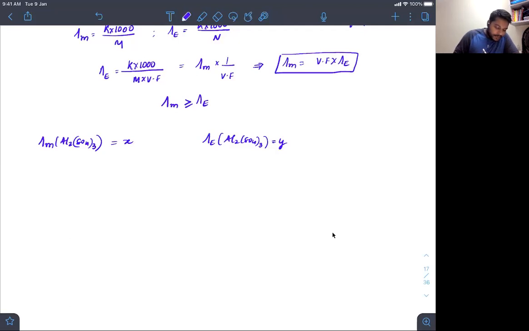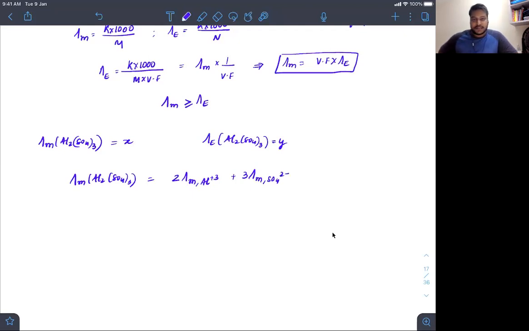Can I write that lambda M of Al2(SO4)3 is equal to 2 times lambda M of Al3+ plus 3 times lambda M of SO4 2-? Can I write that?